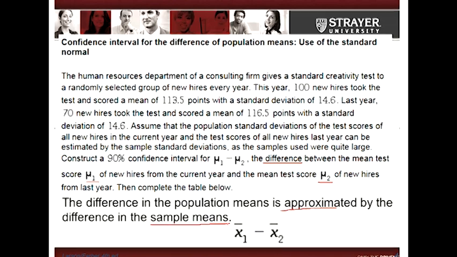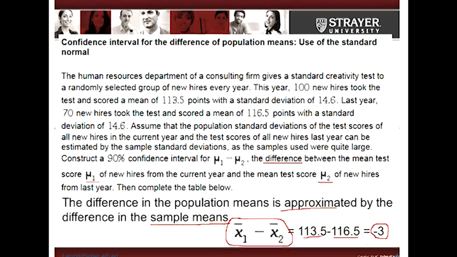That's what all of statistics is in general. The sample statistic, the test statistic, is the difference of the sample means, which is x bar 1 minus x bar 2, sample mean 1 minus sample mean 2. In this case, our numbers are 113.5 minus 116.5, which is -3.